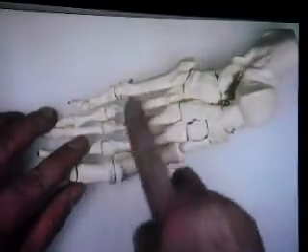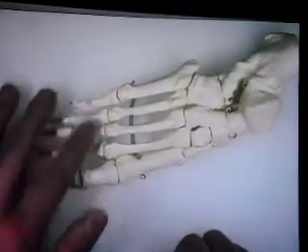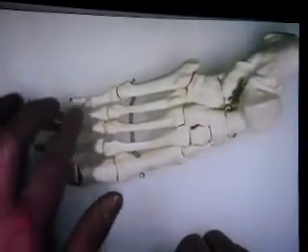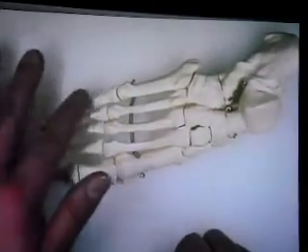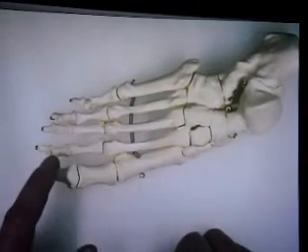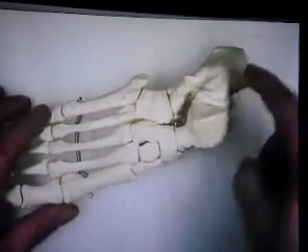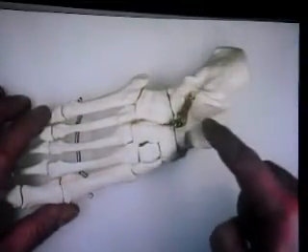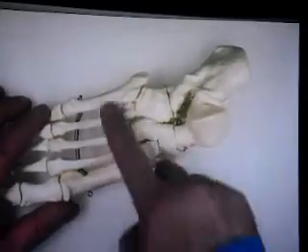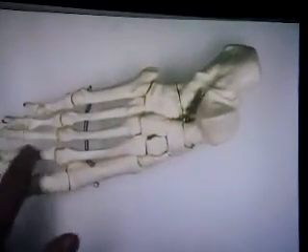So those are the metatarsals there. And then the bones of our toes are called the phalanges of the foot. With all of our toes, there are 3 of them, except for our big toe, in which there are 2. So these are tarsals, specifically calcaneus and talus. These are metatarsals here, and then these are the phalanges of the foot.